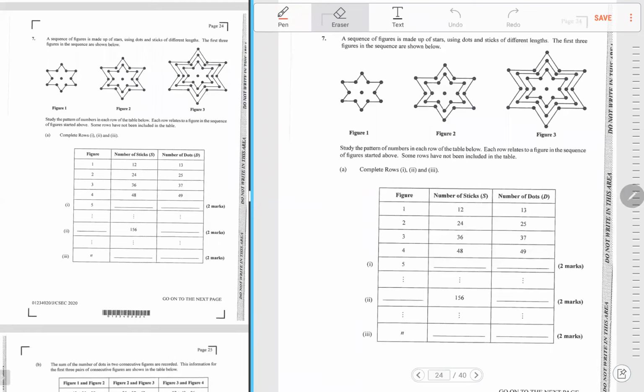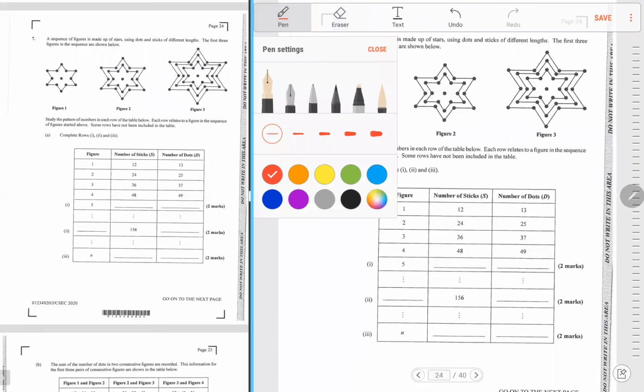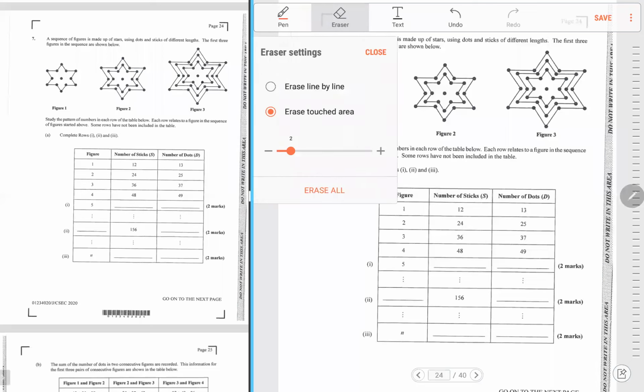It says the first 3 figures in the sequence are shown below. So we see that, right? Basically, I keep putting another star on the outside, just a larger star. It has the same number of sides and the same number of sticks. It's just that they started with 1 in the middle, and then they keep adding the same number. And we're gonna see that in the table.